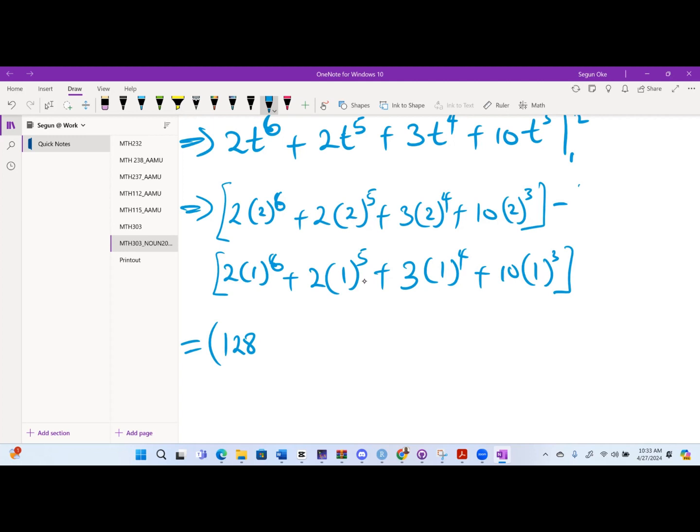Times 2, now 64. 2 raised to the power 4 is what? 16. That's 48. 2 raised to the power 3 is what? 8. That's 80. Minus 2 plus 2 plus 3 plus 10.